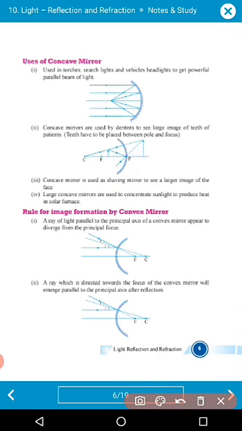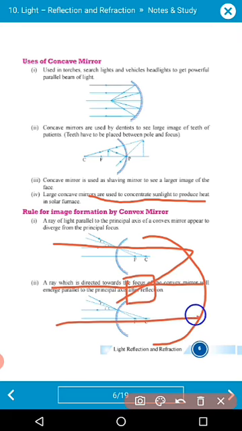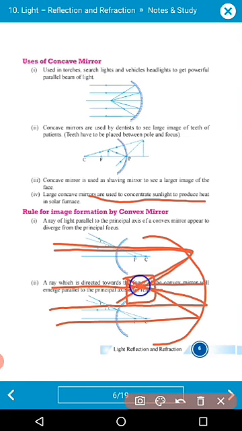Understood? And large solar collectors are used to concentrate sunlight. For example, you are making food from the sun. This is the concave collector, and you are putting your food over here. Whenever all the light is parallel, it concentrates over here, and all the parallel light concentrates at a region.